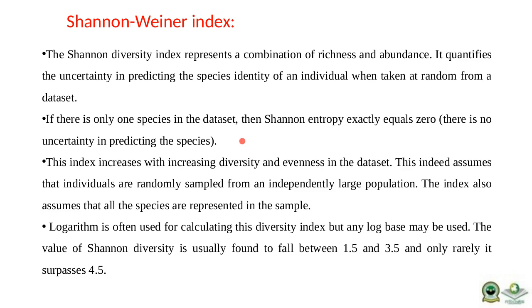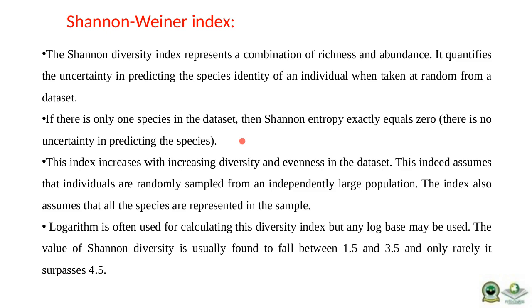This index assumes that individuals are randomly sampled from an independently large population. The index also assumes that all the species are represented in the sample. Logarithm is often used for calculating this diversity index, but any log base may be used.